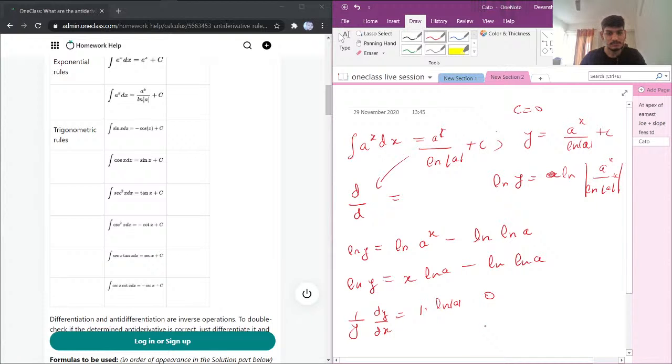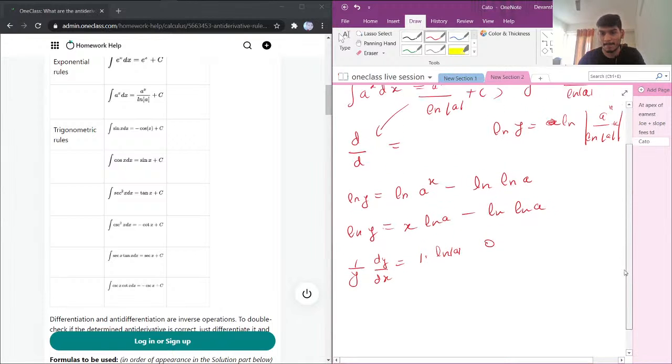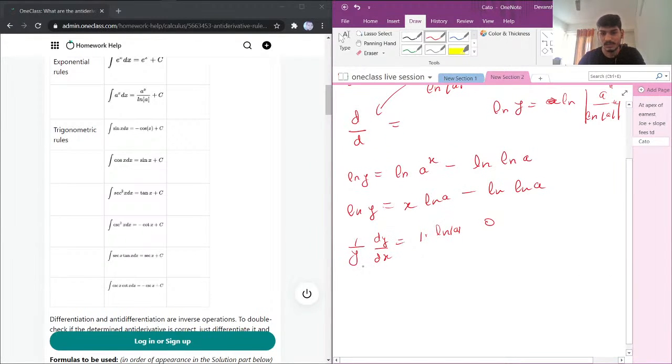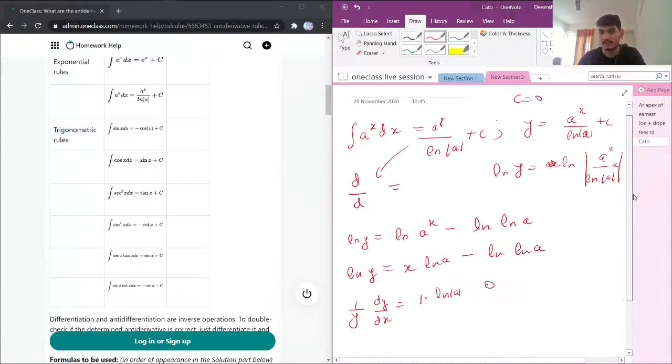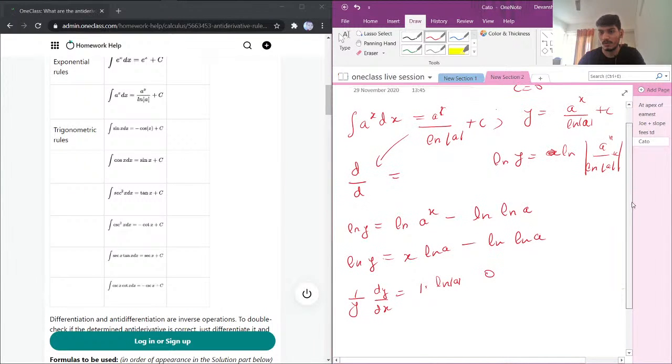So the rule seems to be kind of incorrect. Yeah, no. The rule is correct, I think. y is a power x over ln of a. So this will be multiplied by y.